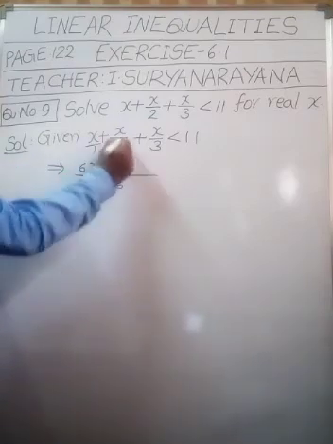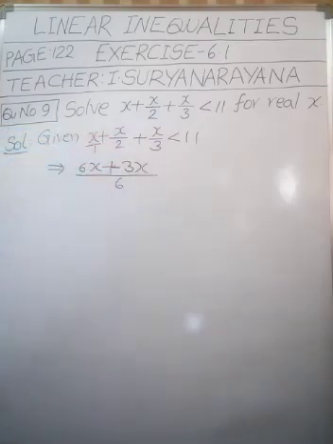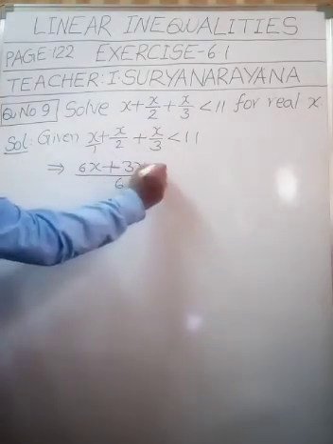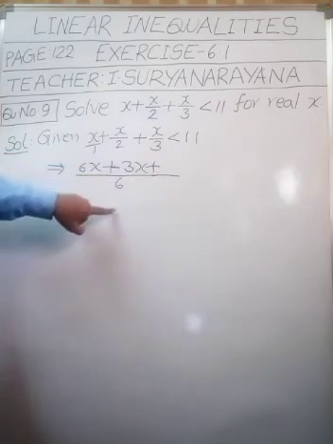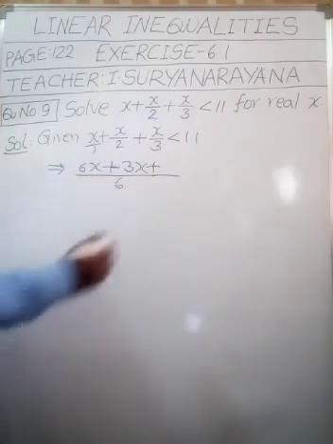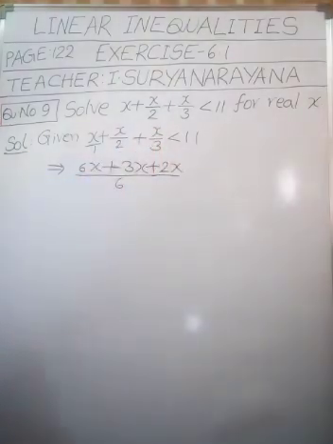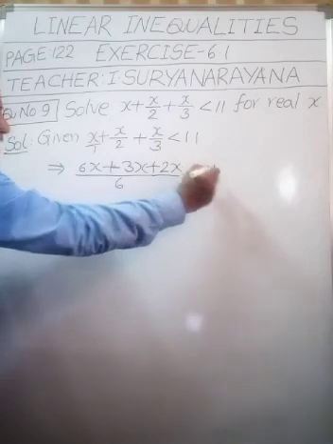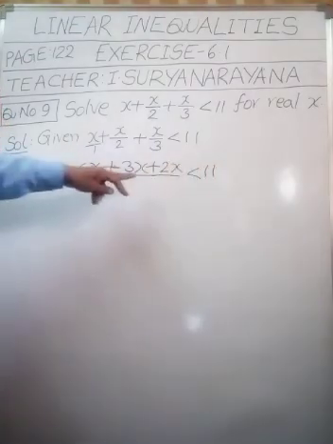So 3 into whatever the numerator is. Understood the second term, my children? Now come to the third term. Plus, 3 table. How many times does it go in 6? 2 times. So 2 into x. Understood this third term? Less than, we write our RHS as it is, 11. Understood this step, my children?